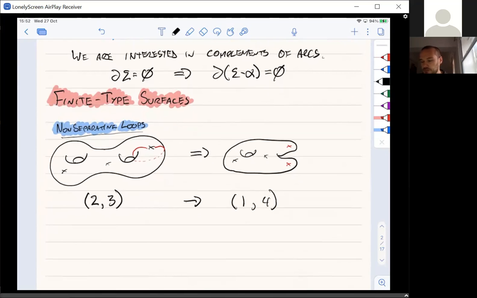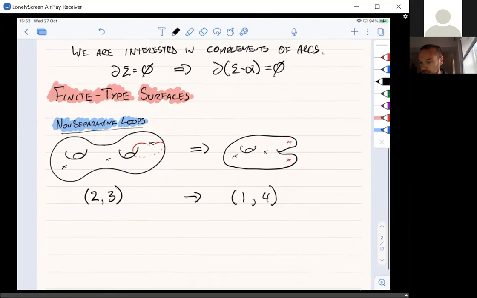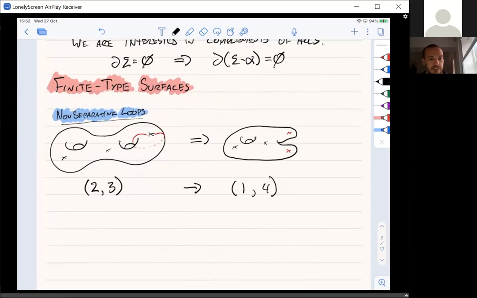So we'll go over that same question for finite type surfaces to remind ourselves what happens. If you remove this non-separating loop I've drawn in this surface, your subsurface is as follows. You start with a surface of genus 2 and 3 punctures, 3 x's, I've drawn them here. And then when you cut along this red arc, you lose genus, first of all, and it's almost like your end gets split in half.